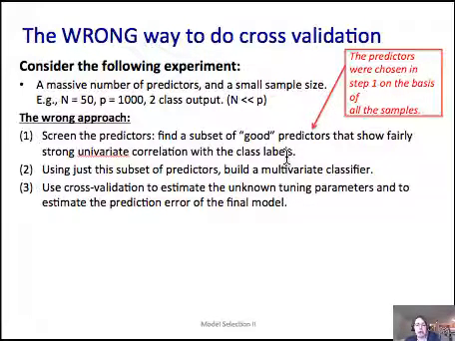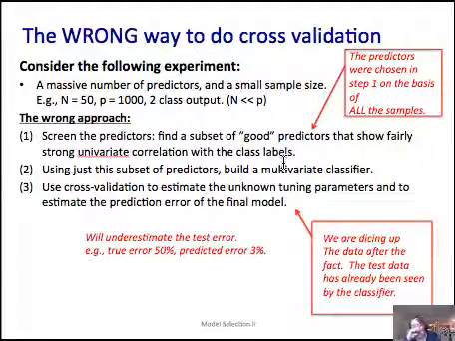We can appreciate that. You can do that, but you can't take into consideration all of the samples and then look at the correlation with the class labels. That's two bad things. Then you're going to bring in cross-validation, but it's too little too late. You're dicing up the data after the fact, and the test data has already been seen by the classifier. So anything you come up with for prediction error is totally off.